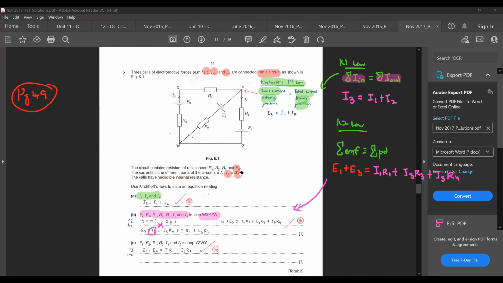They say loop YZWY, that one would be this one, from Y to Z to W to Y. You can just think of your direction as being clockwise again now. This one is your sign convention.